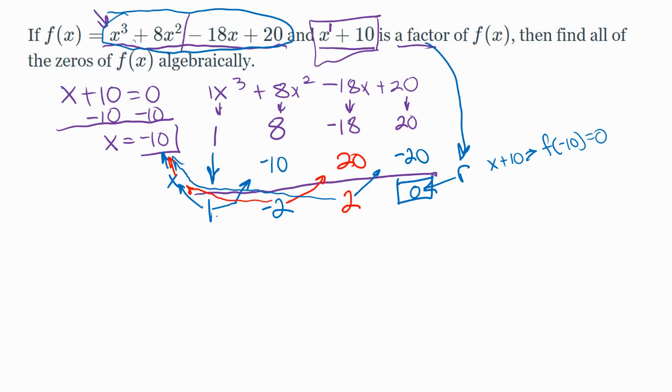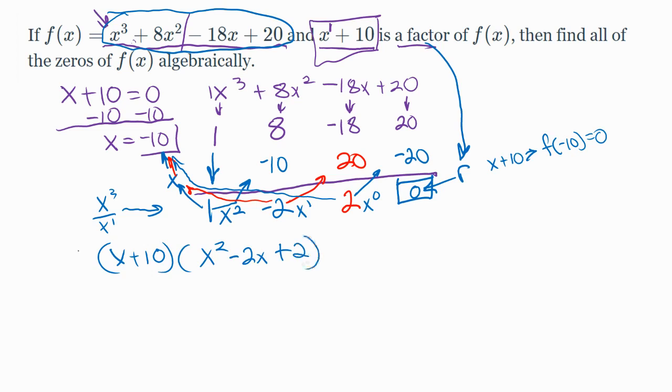We now have a quadratic because it was a cubic divided by a linear. The first term is x squared, and then in descending order, x to the 1, x to the none. We can write x plus 10 times this quadratic, x squared minus 2x plus 2, is equal to our original function f of x.